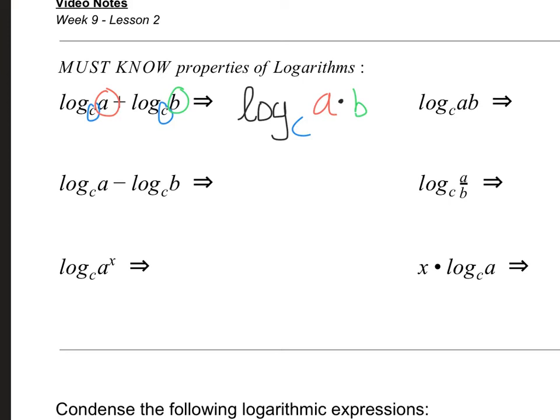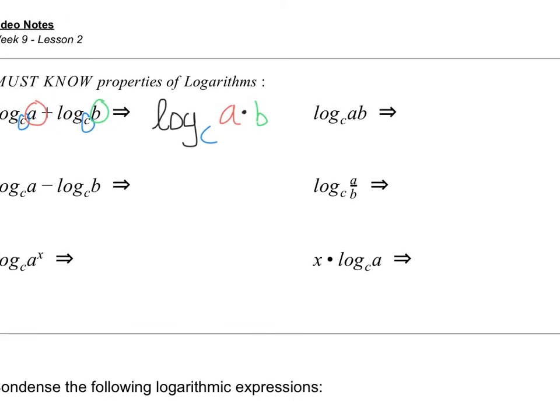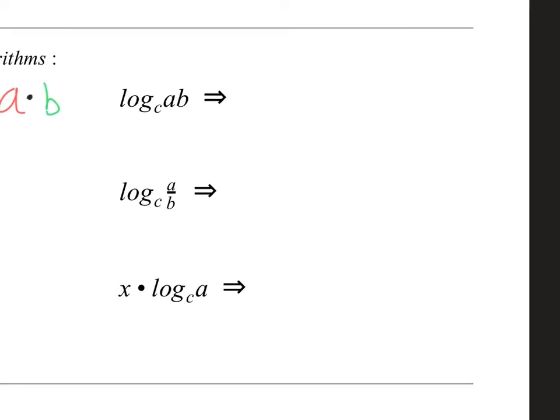Since they're the same base, even though they're separate, we can combine them. We combine addition by multiplying, which makes sense: addition gets bigger, multiplication gets bigger, so associate those two accordingly. We can also go backwards.